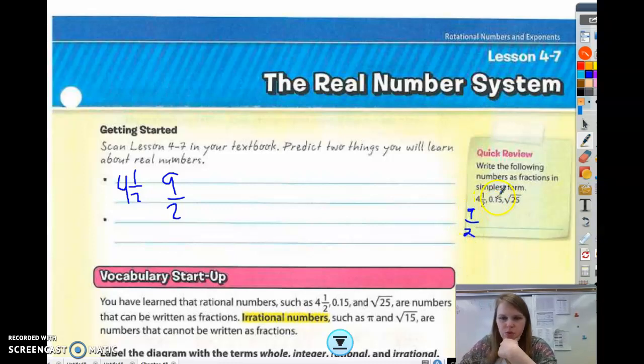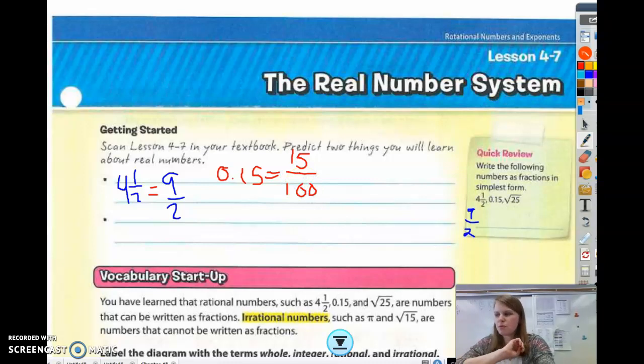What's next? 0.15. Sorry, I suppose I should have put an equal sign here. What about for this one? I'm thinking the easiest way is the 1 is in the tenths place, the 5 is in the hundredths. So couldn't we write this as 15 over 100?